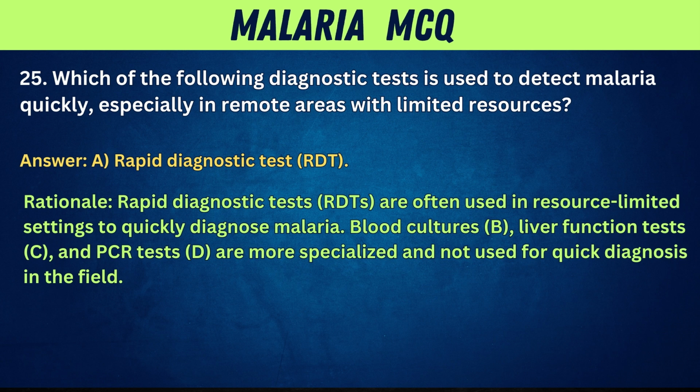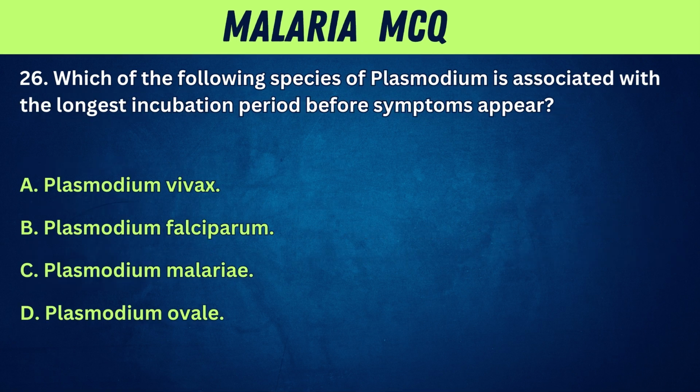Rationale: Rapid diagnostic tests, RDTs, are often used in resource-limited settings to quickly diagnose malaria. Blood cultures, B, liver function tests, C, and PCR tests, D, are more specialized and not used for quick diagnosis in the field.